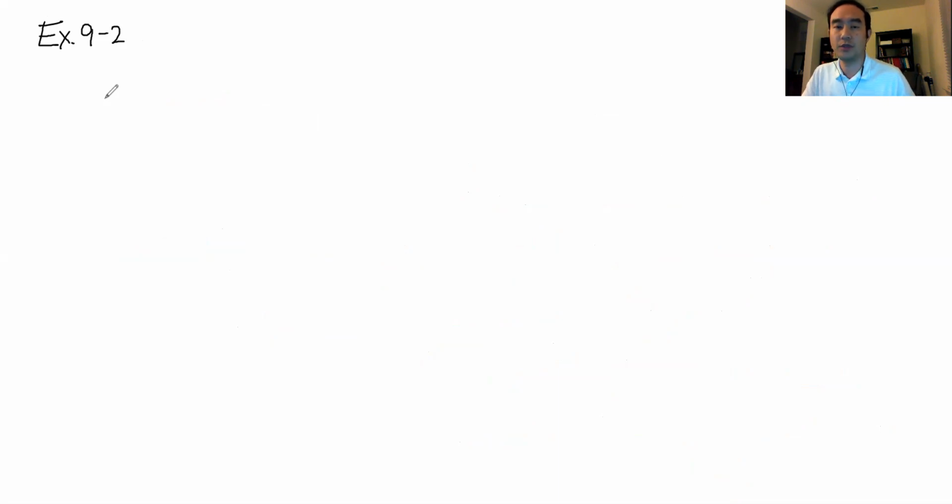The difference between 9-1 and 9-2: in 9-1, with a given section W21 by 44, we just check the capacity based on the section properties and the material property and compare it to the factored demand. Now in 9-2, the question is this: select the beam section by using both methods.